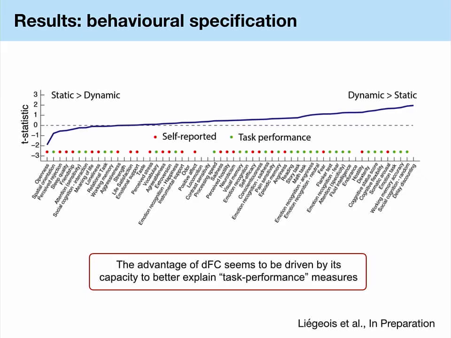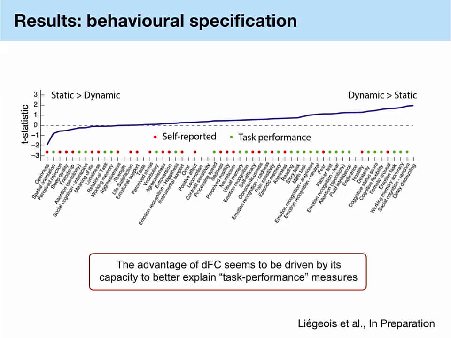And in green, we have labeled all the measures that correspond to performance in a task, such as working memory tasks or math tasks, etc. And we see that there seems to be a dichotomy that is drawn based on these t-statistics. And we show that task performance measures are better explained by dynamic functional connectivity, whereas the self-reported measures are explained equally well by SFC and DFC.